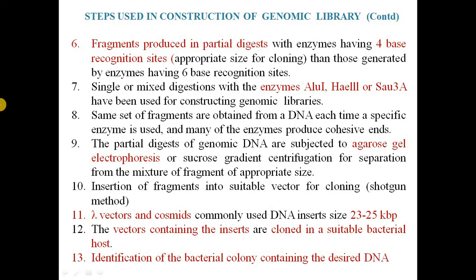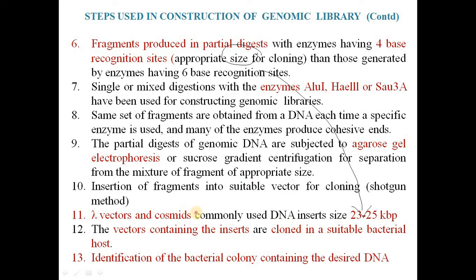The fragments produced by partial digestion with enzymes having a 4 base recognition site give an appropriate size for cloning, that is 23 to 25 kilobase pairs.